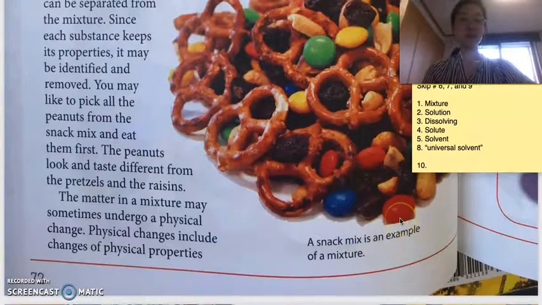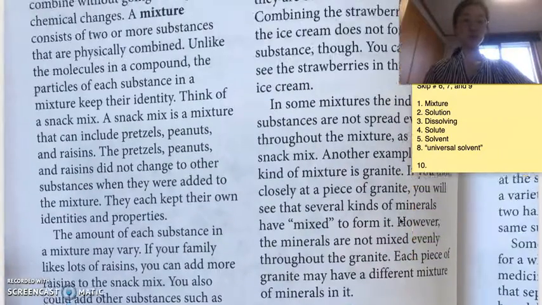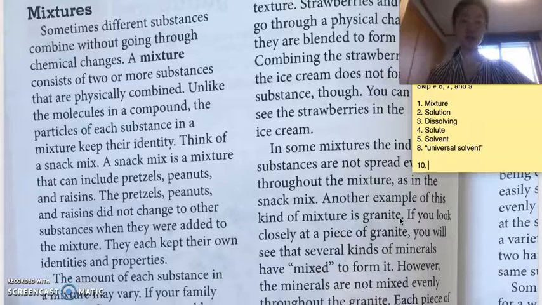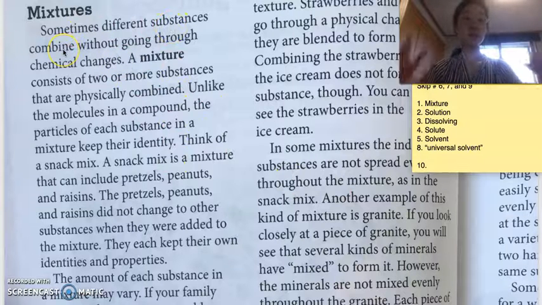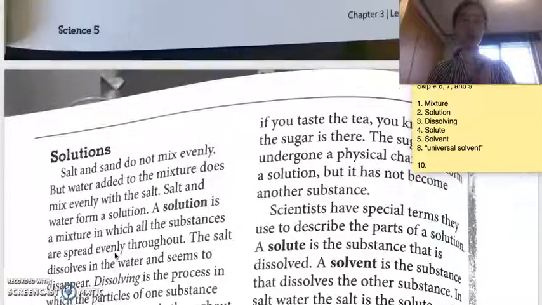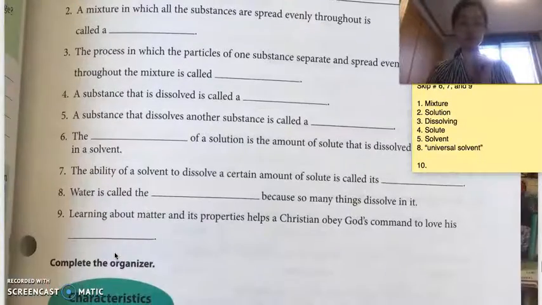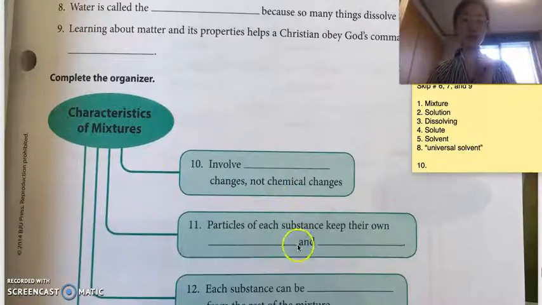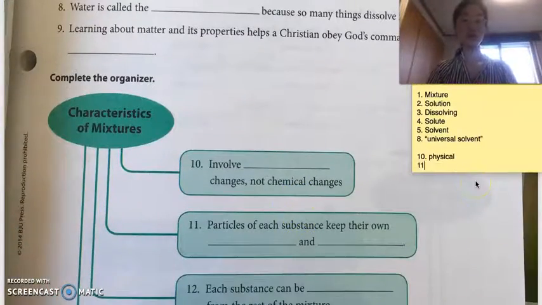So I'm going to go back to page 72 to see what kind of changes mixtures consist of. It says over here, sometimes different substances combine without going through chemical changes. A mixture consists of 2 or more substances that are physically combined. So these go through the physical changes, right? Okay.